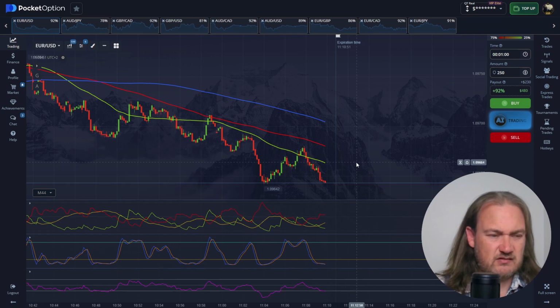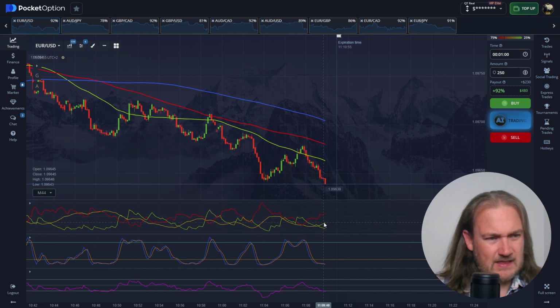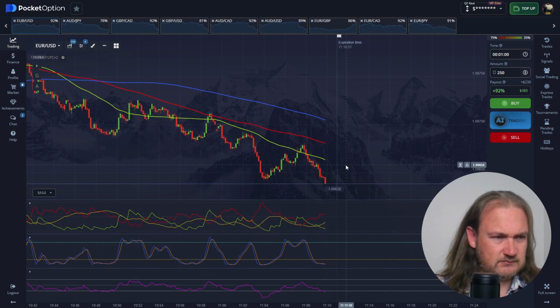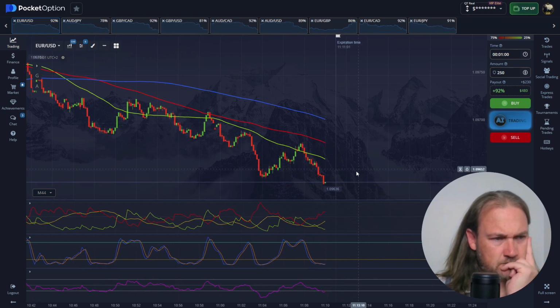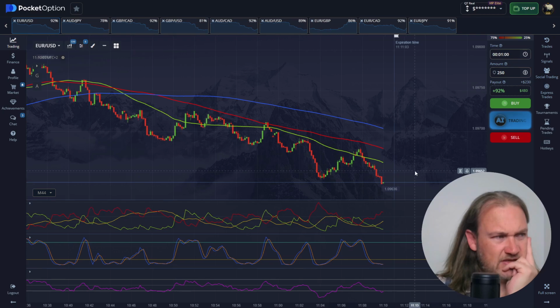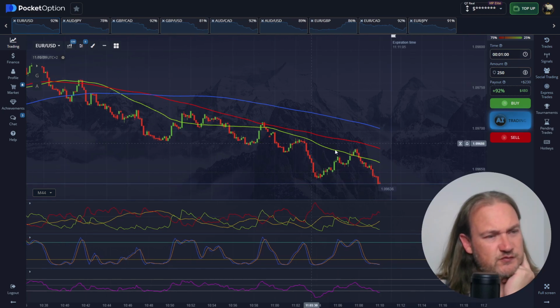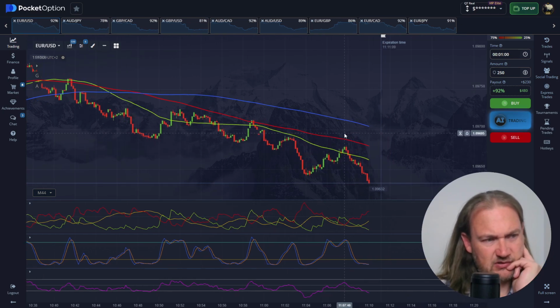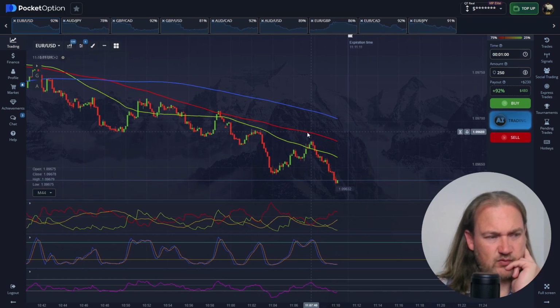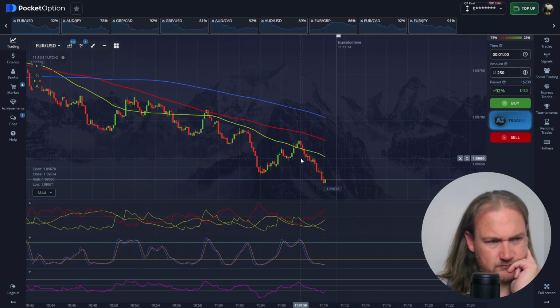The trend is strengthening. So we're still in a downwards movement overall, and I'm still going to be looking mainly for sell trades.